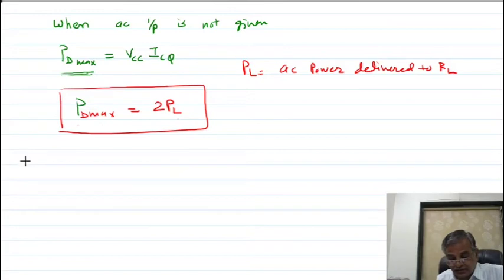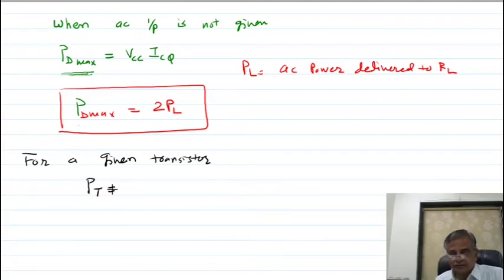Now, for a given transistor, the manufacturer gives this value of PT. PD is in your hand. You can change PD by changing this.